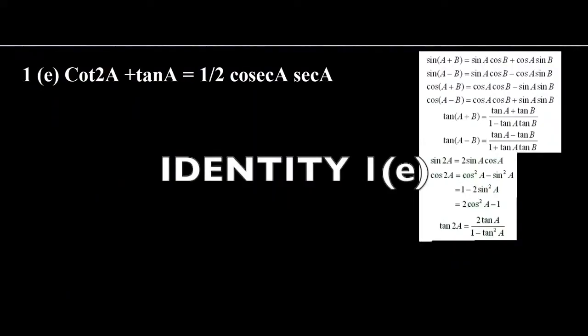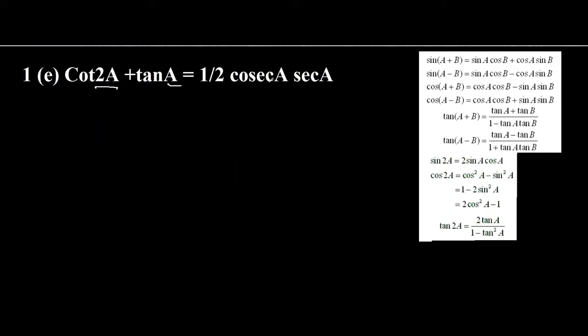Here we have a combination of angles 2a and a again. Yeah? And we have to get in terms of a. In this identity, if you see, there is a cot, there is a tan, there is a cosecant, and there is a secant. All four are different, and it is difficult to connect them directly.